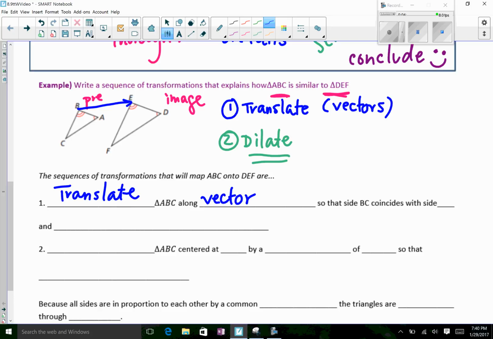You could have done CF, AD, but I like to match up two marked angles together. So along vector BE, remember vectors get symbols, so that side BC coincides with side EF. You can even sketch in where this triangle would land if it helps you see that not just BC will coincide with EF, but side BA will also coincide with side ED.